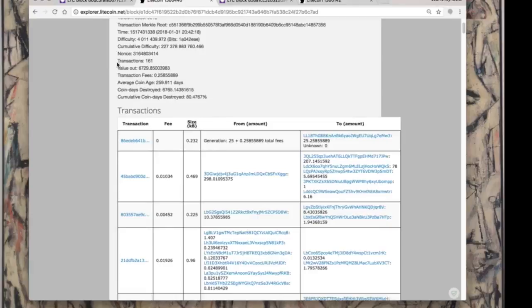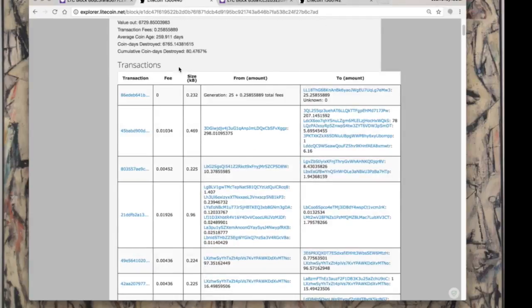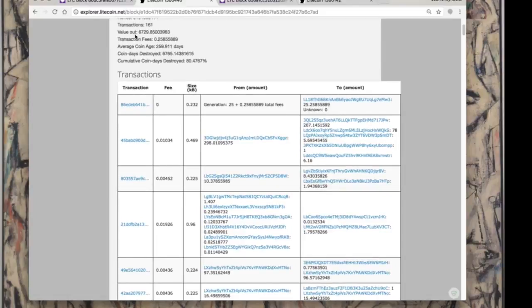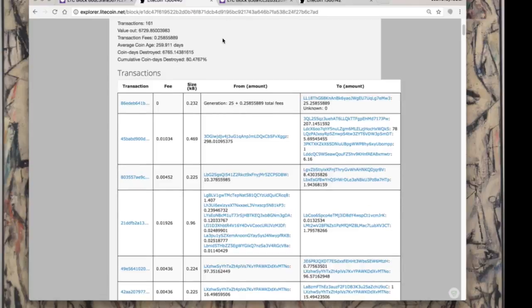This tells you how many Litecoins, or I think this is in lites, I'm not 100% sure. This tells you how much Litecoin was sent. Wow, this is how many Litecoins were sent in this block. It's a lot of Litecoins. Transaction fees, how much was collected in this one single block.